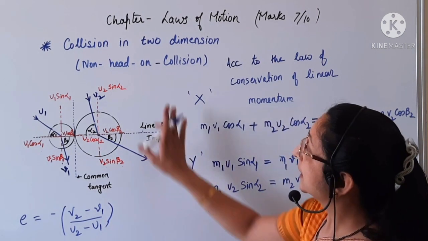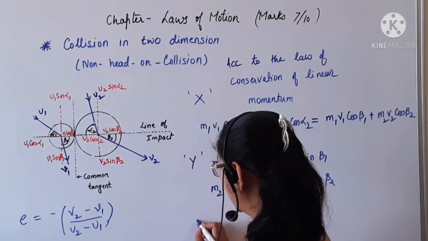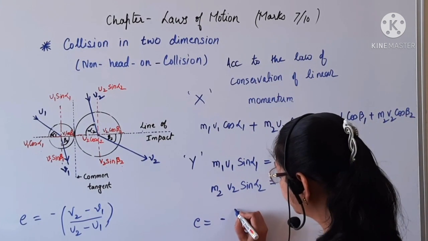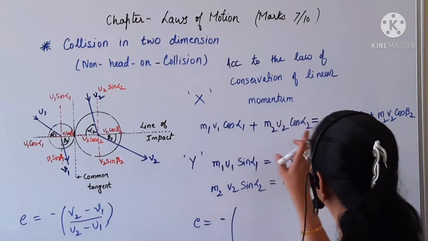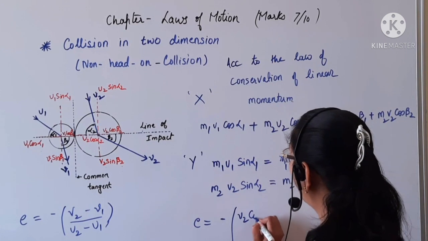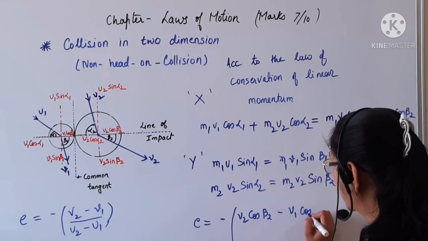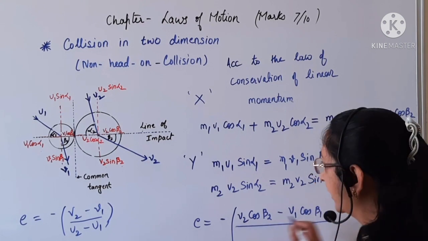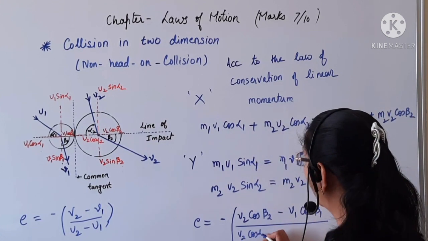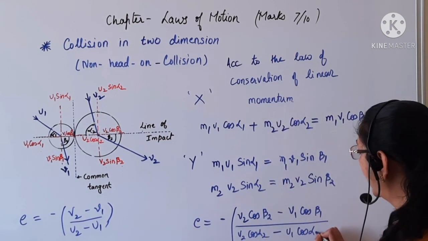So for this collision in two dimensions, we would write the coefficient of restitution as e equal to minus of, for V2, V2 cos β2 minus V1 cos β1, upon, for U2, U2 cos α2 minus U1 cos α1.